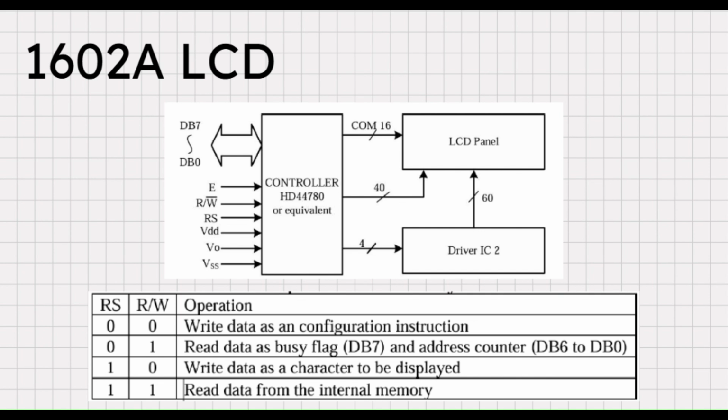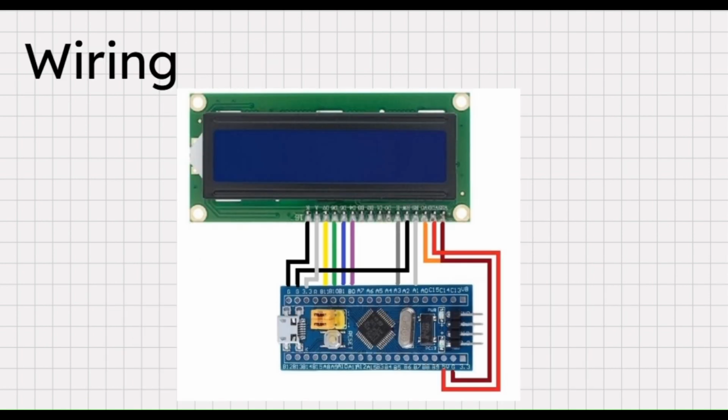Finally, the last thing that you really need to know is E, the data transfer enable. For this module, when a high to low transition occurs on E, that is what enables us to transfer data. So now that we know that, quickly we can look at the wiring.